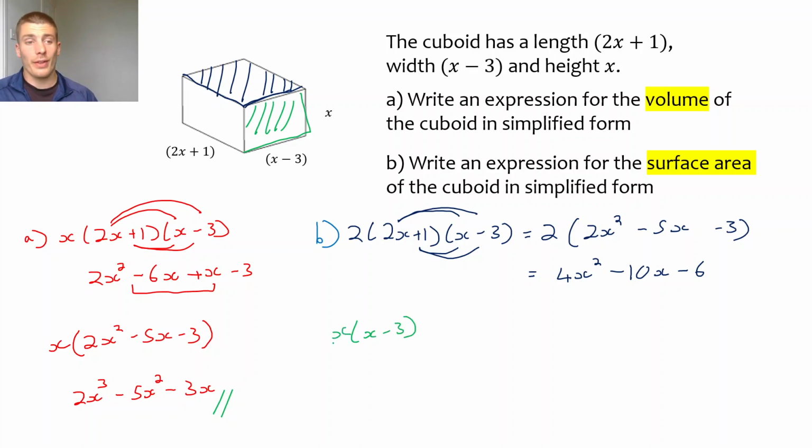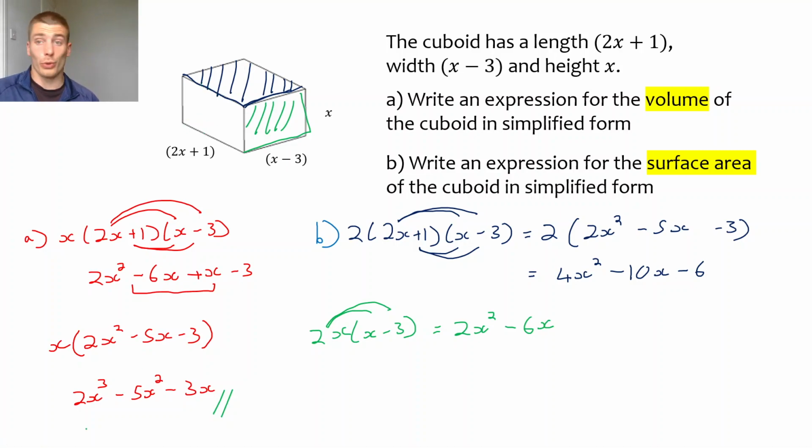And like before, there are two of them, so it's 2 lots of everything here. Because multiplication is commutative, we can just write this as this. They mean the same thing. So 2x times x will give you 2x squared, and 2x times minus 3 will give you minus 6x. So that's the surface area of the front face and the back face over here.